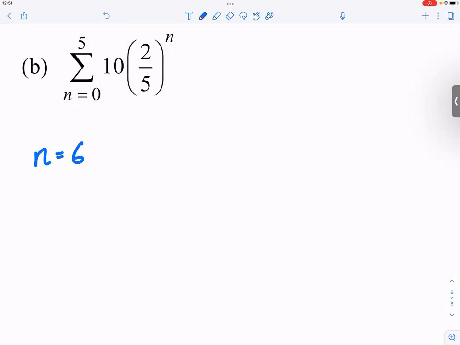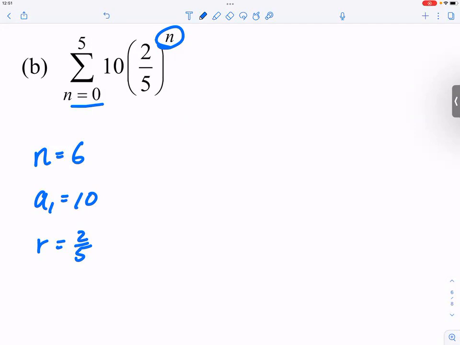Now if the bottom number is 0, you may see the exponent being somewhat different. So here, a1 is 10, and r is the number inside the parentheses, which is 2/5.